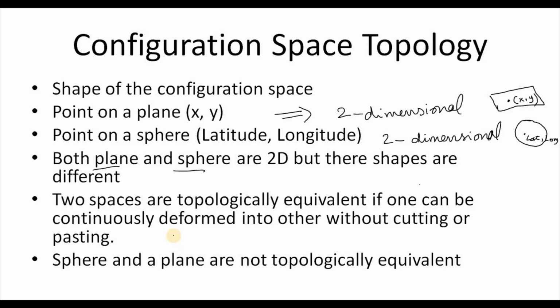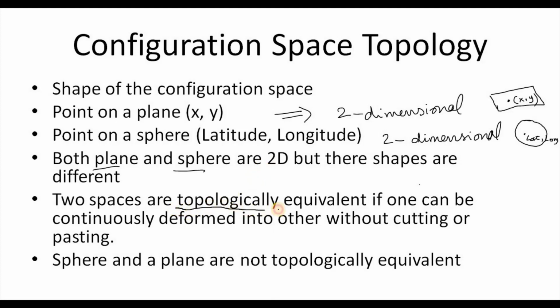It means that you can convert a sphere into an oval shape with some deformation, but you cannot convert a sphere into a plane or a plane into a sphere without cutting and pasting. So these two topologies are not equivalent.